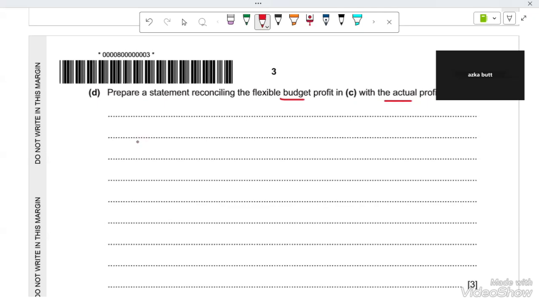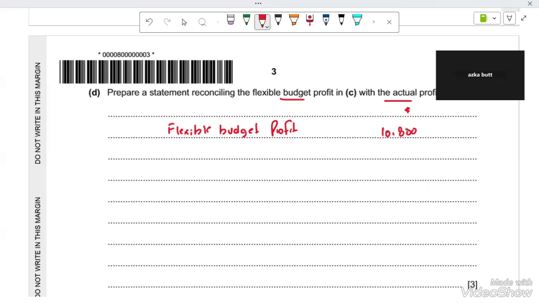So basically, to reconcile the flexible budget profit with the actual profit, which is 4,740, we need to add or subtract the actual variances recorded. So first of all, the flexible budget profit was 10,800.